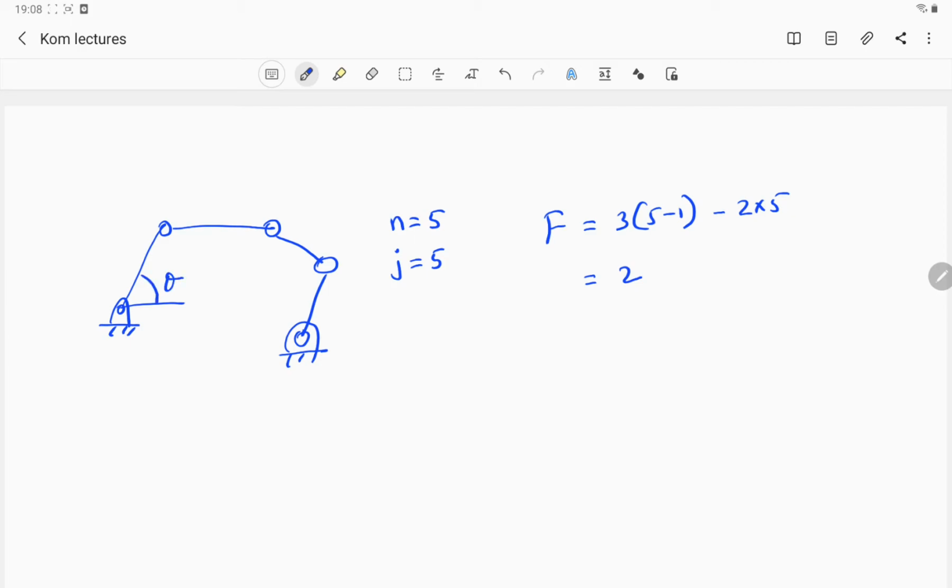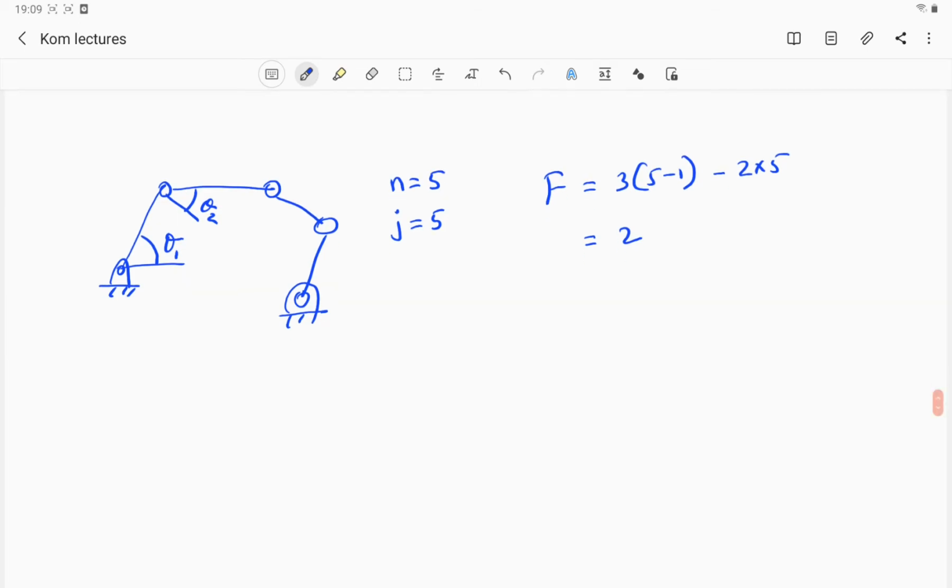Maybe I require one more variable, maybe related to this, another variable theta 2, something like that. So once we define theta 1 and theta 2, then we will be able to define its configuration. So that's how we use Kurzbach equation and we calculate the degrees of freedom.